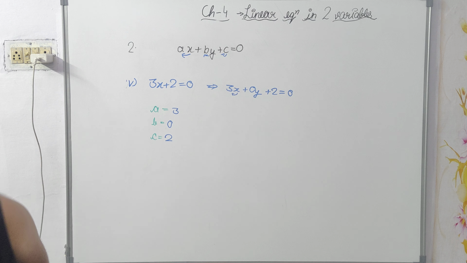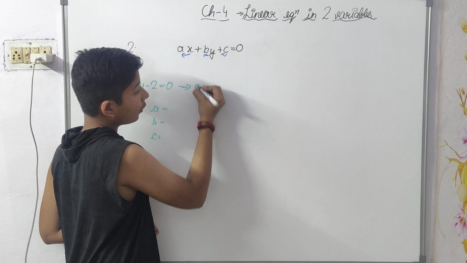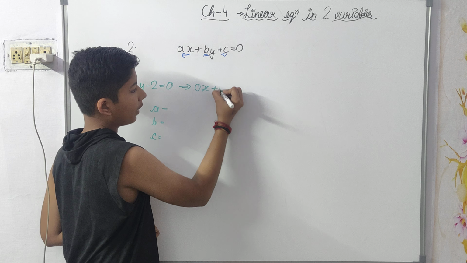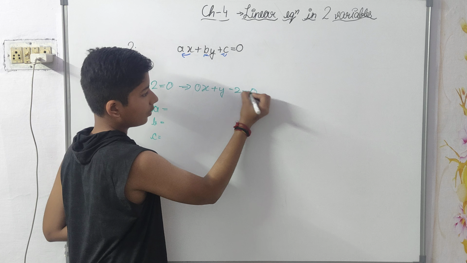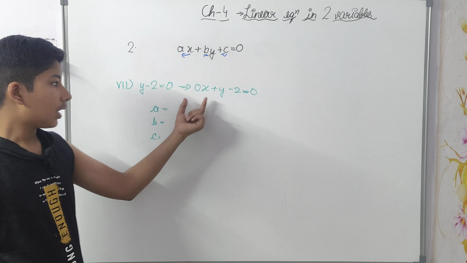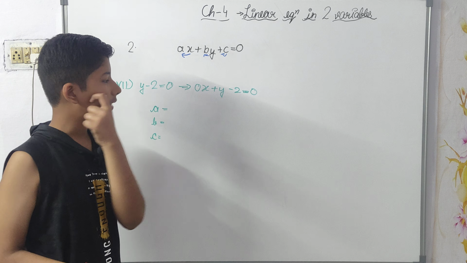Now let's write it in the perfect form: 0x plus y minus 2 equals 0. This will be formed. And now a, b and c. A is 0 because it is with x. B is 1 with y. And c is minus 2.